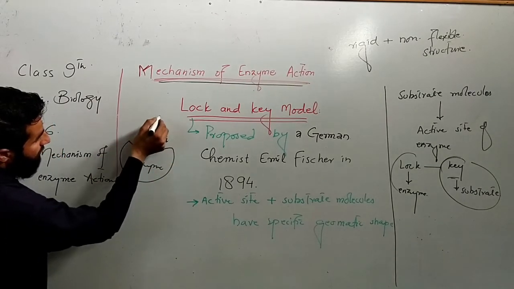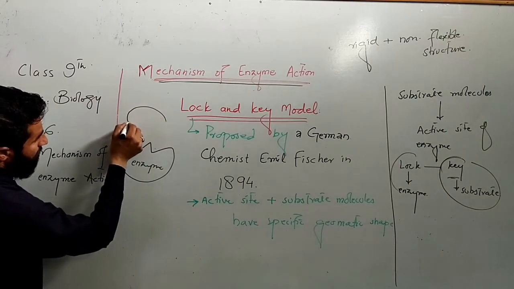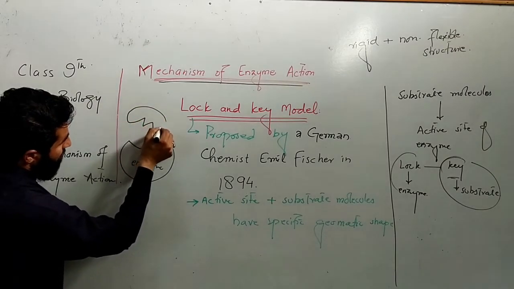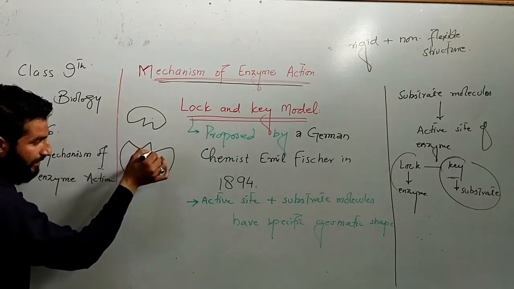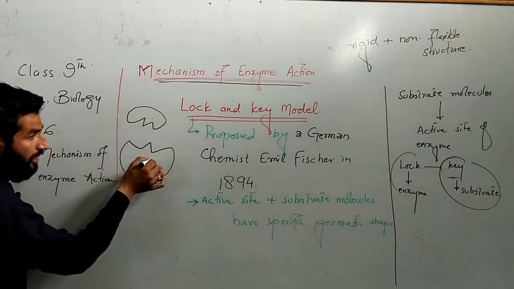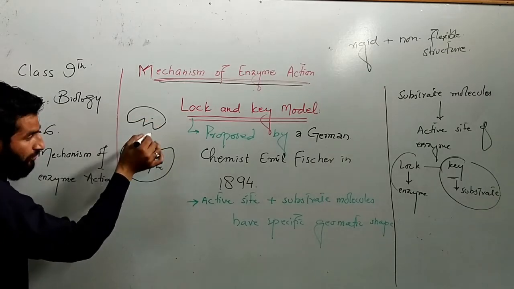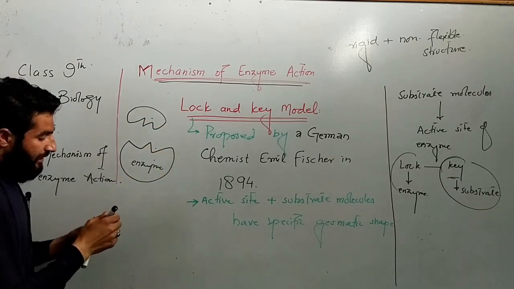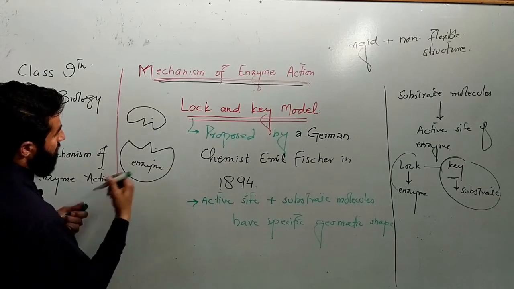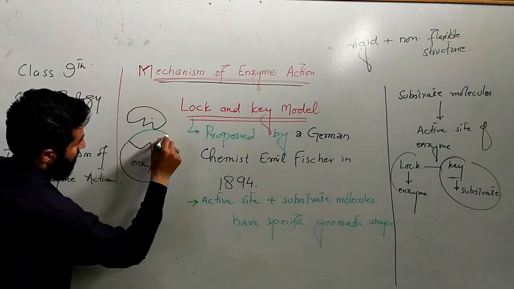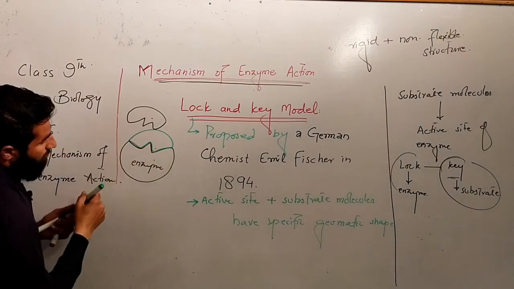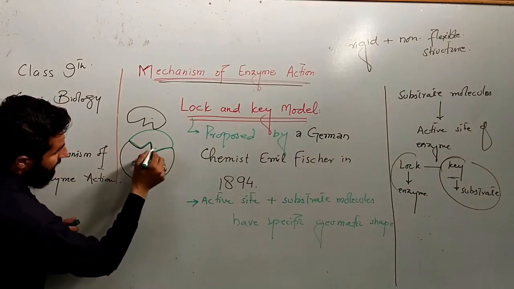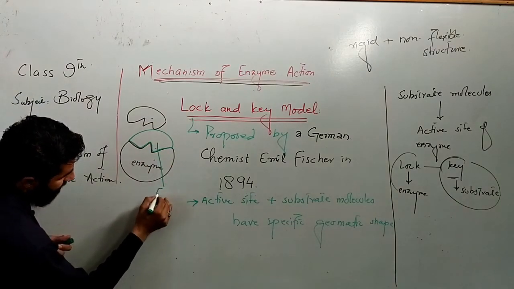Now this is the substrate molecule. When the substrate molecule is specific for the enzyme or its active site, it attaches with the active site of the enzyme just like in this manner. Now this is called the enzyme substrate complex.